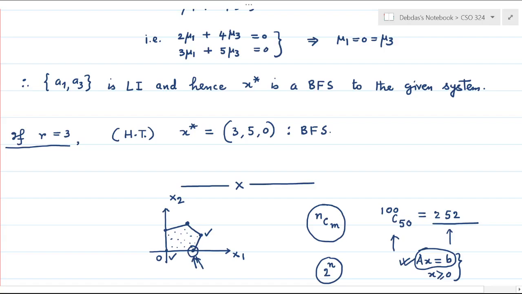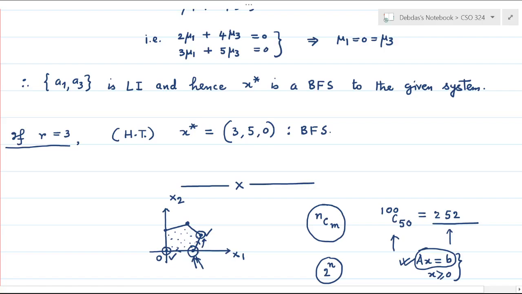Now you move to that vertex which will improve your objective function value. That means if the objective function value at this point is bigger than at this point, then you move. So you consider two adjacent vertices to move. You can move either to this vertex or to this vertex. Now you calculate the objective function value at this point and at this point.